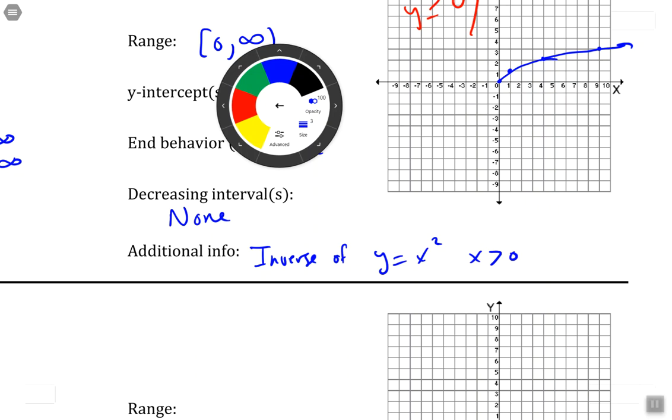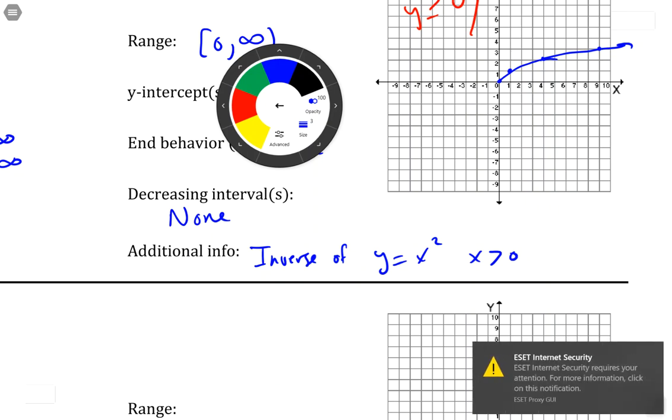Is that the whole thing? If we're talking about inverse, for the inverse of this, it would be including this part down here. But it's only a piece of it. It's only the piece where it's x greater than 0. Now that's the x for this. For the inverse, it's the y.